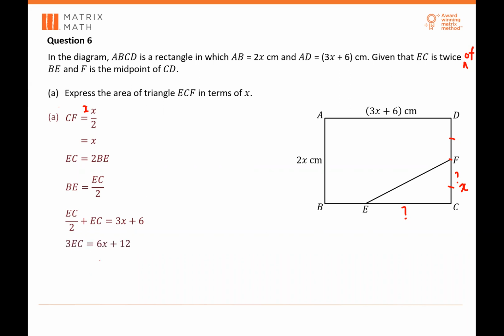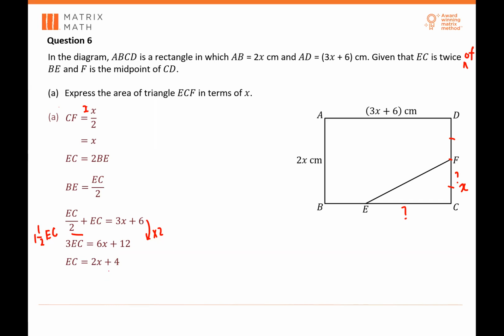So this is 1.5 EC, correct? Half EC plus EC. So they times by 2. Same for the right hand side. I multiply this by 2. I get 3EC equals 6x plus 12. So EC will be 2x plus 4.